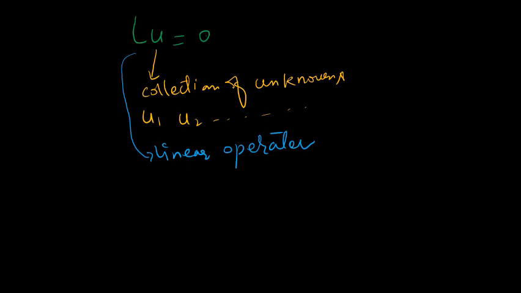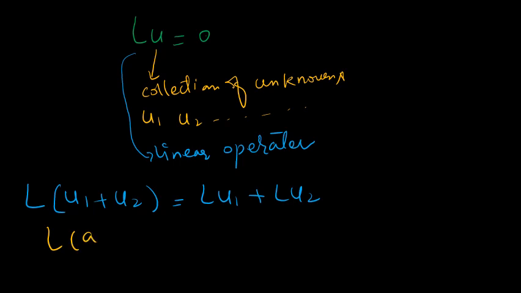L is an object that satisfies the following two conditions. When you apply the linear operator on u1 plus u2, it should equal Lu1 plus Lu2. And secondly, L of a times u, where a is any number, should equal a times L of u.